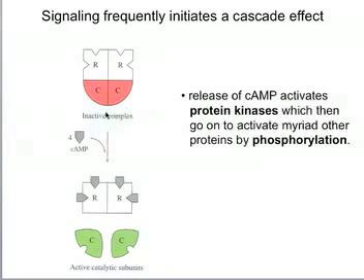We have some kinase that responds to the presence of cyclic AMP through allosteric effects at the regulatory subunit, and binding of the regulatory subunit by the second messenger results in the release of those active catalytic subunits, which go on to activate other downstream members of the signal transduction pathway.